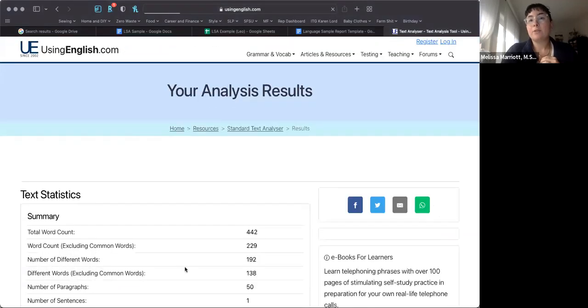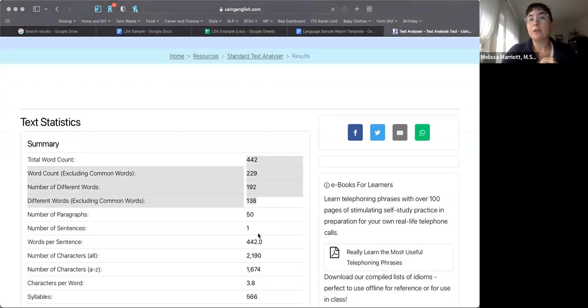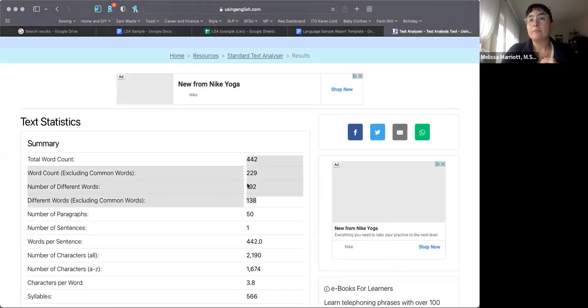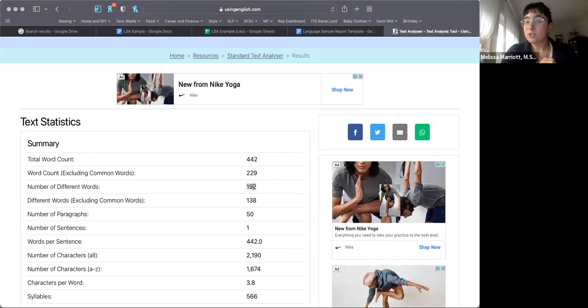And this is another really quick way to get not only a word count, but also the number of different words, which is one of the analyses that you might want to use for your language sample, depending on what information you're looking for.